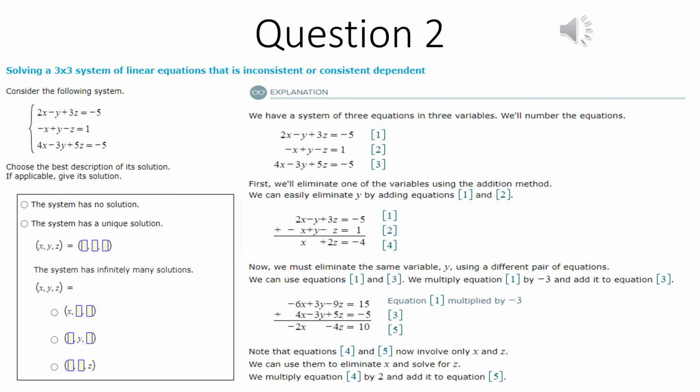Well, again, we have the system, three equations and three unknowns. The first operation is basically elimination. You're subtracting equation 1 and equation 2.